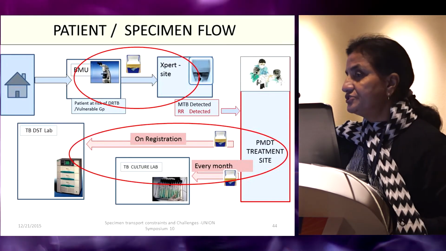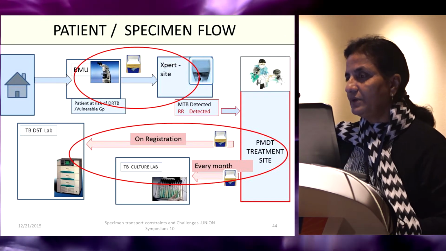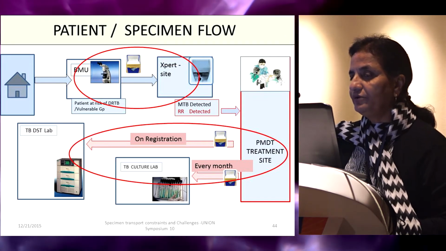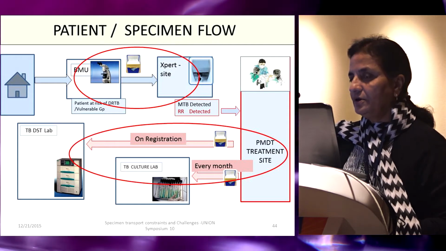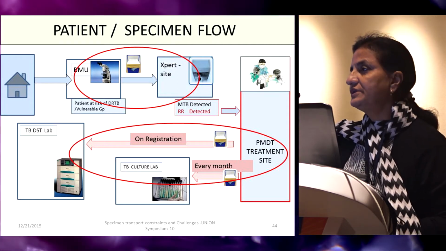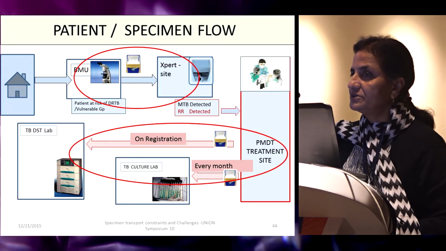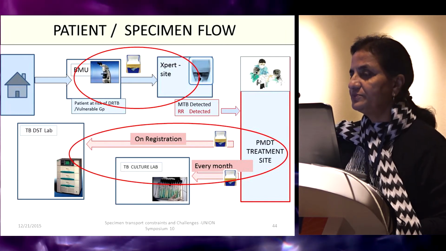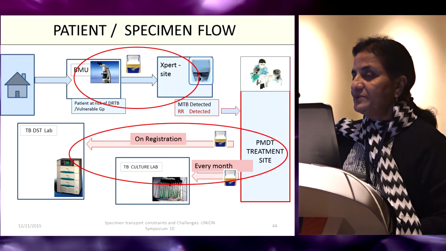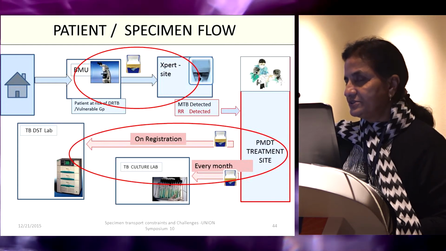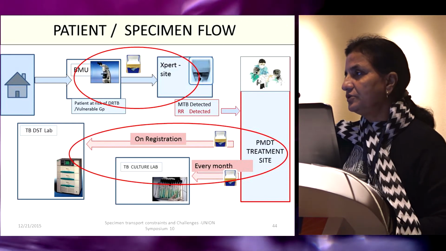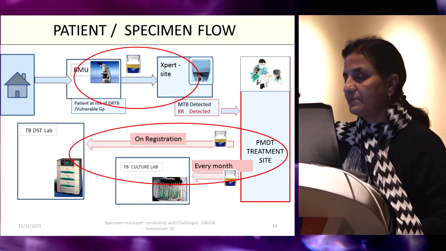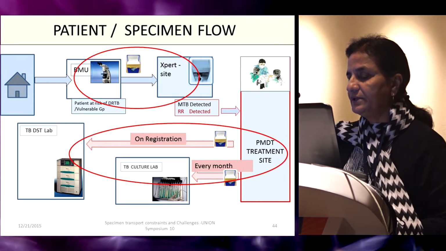So how do patients flow within the laboratory network? When a patient reaches the first basic management unit, and is identified at risk of MDR or otherwise eligible for Xpert testing, the specimen needs to be transported to the Xpert site. Either the patient goes himself or the specimen is transported, depending on the system established within that facility.